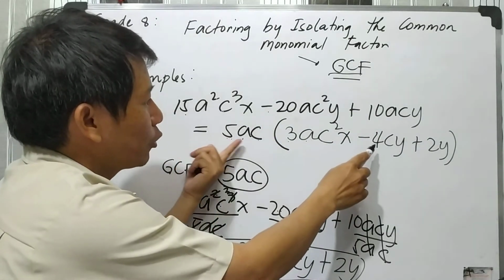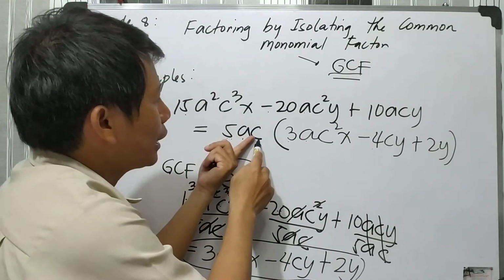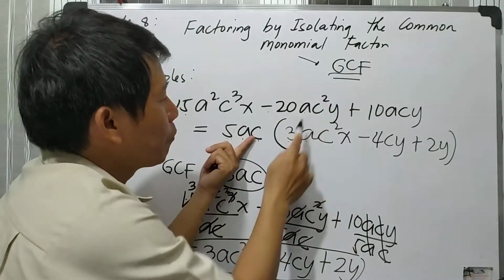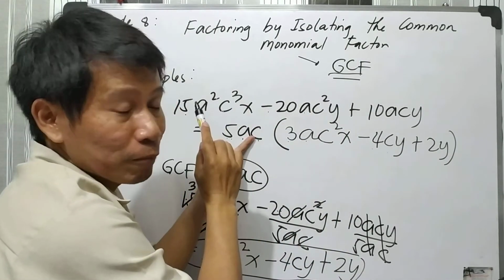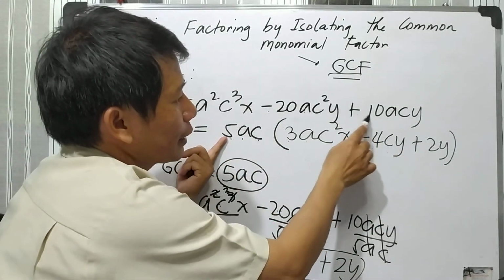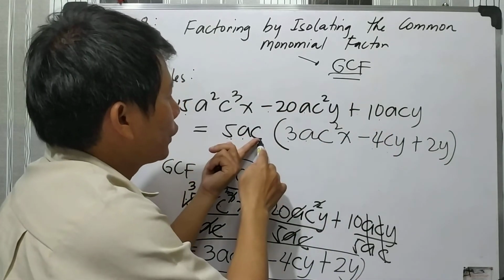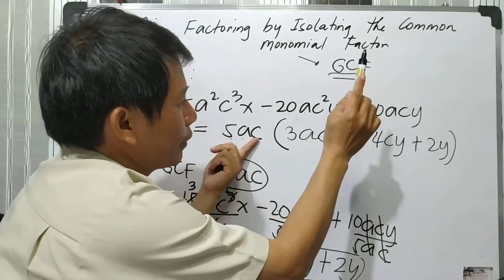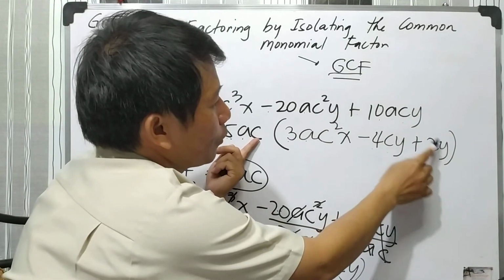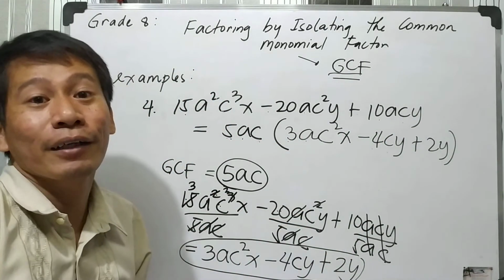A times, so we don't have a here, so we copy a. And then c times c, we will get c squared, and then copy y. Right? Last one, 5 times 2, that is positive 10. A, copy, right? C, copy, right? And then copy y. So therefore, we have the correct factors.